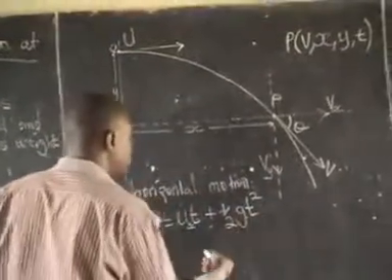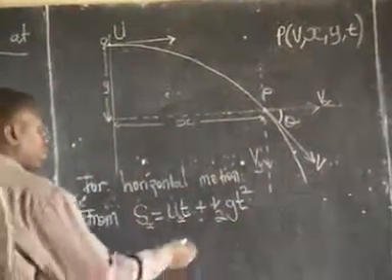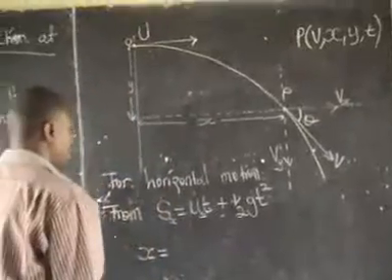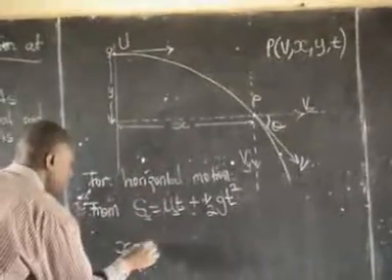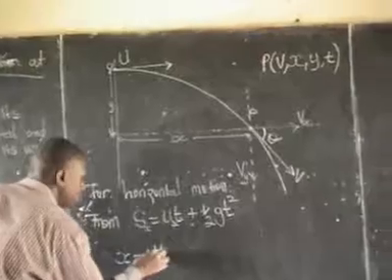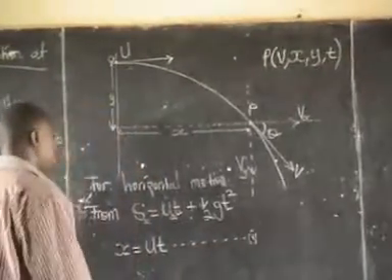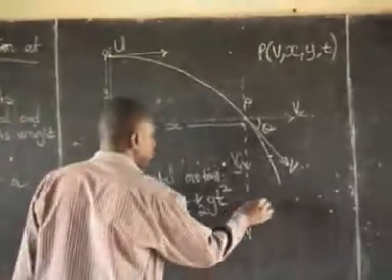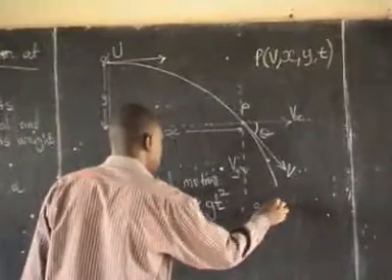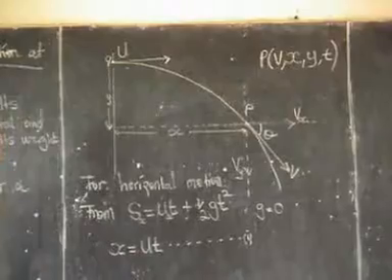Since the body is not accelerating, we are going to put g equals 0. So x will be equal to ut, and that is going to be our equation 1. So for horizontal motion, there is no acceleration, g is equal to 0.